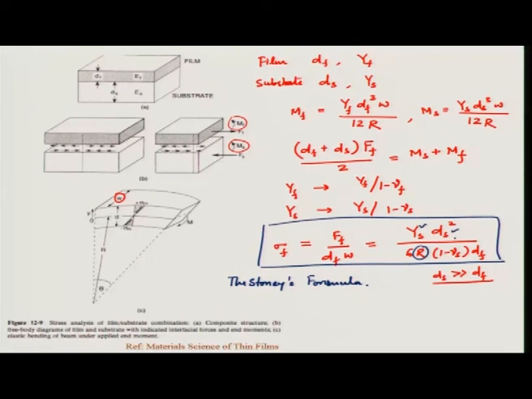So the thickness of your substrate is known, the thickness of your film is known, Young's modulus of your substrate is known, and the Poisson's ratio of your substrate is known. Then you can use this expression to calculate the stress in the thin film. So you can do this, but the important thing is that you need to know the radius of curvature.